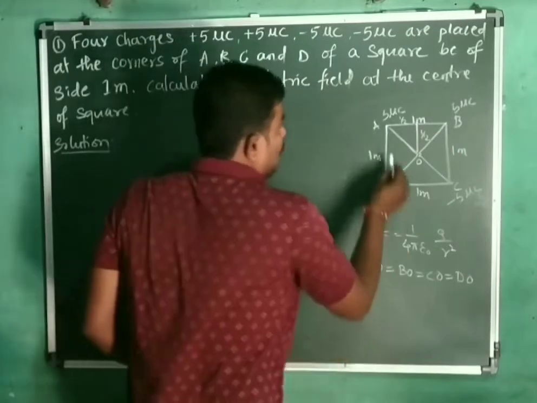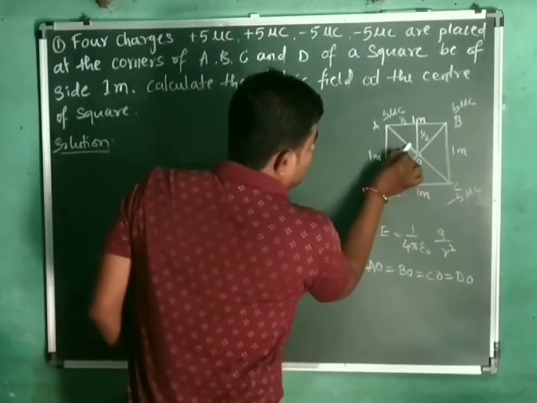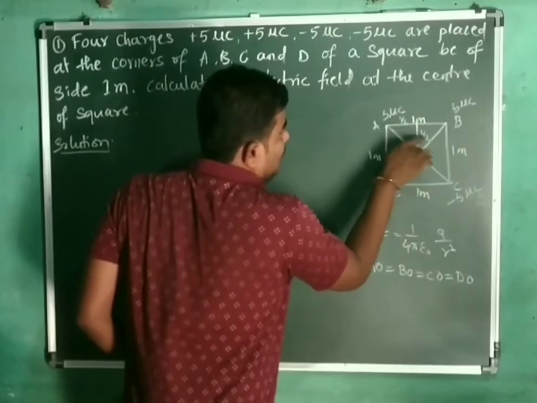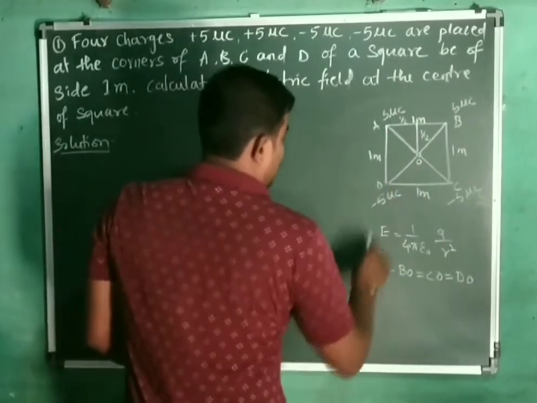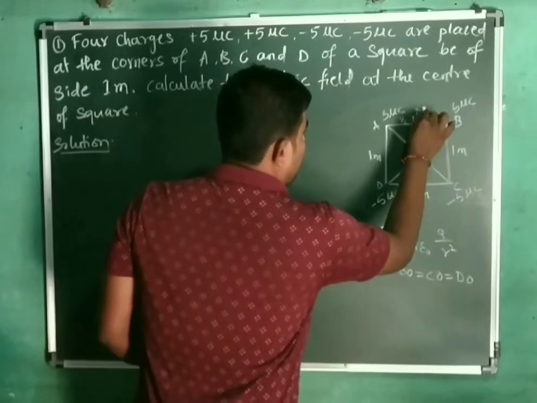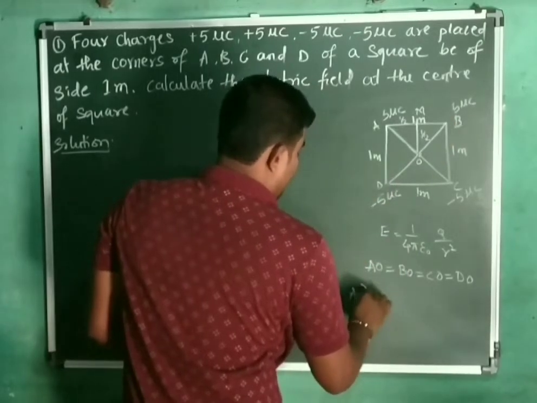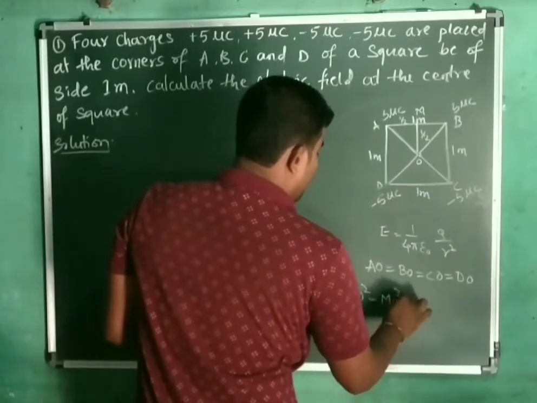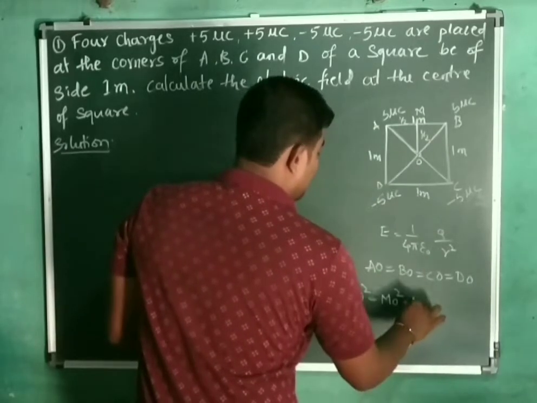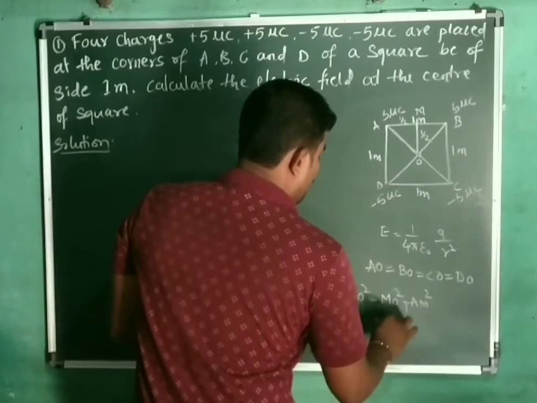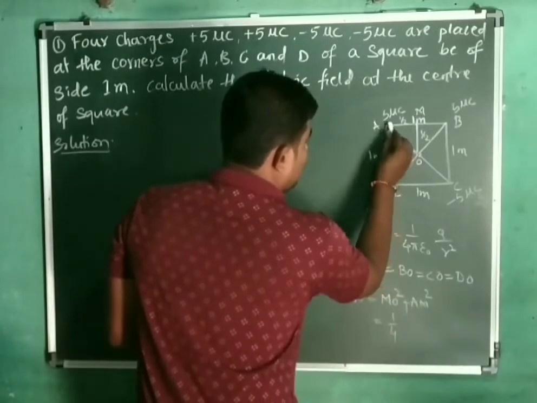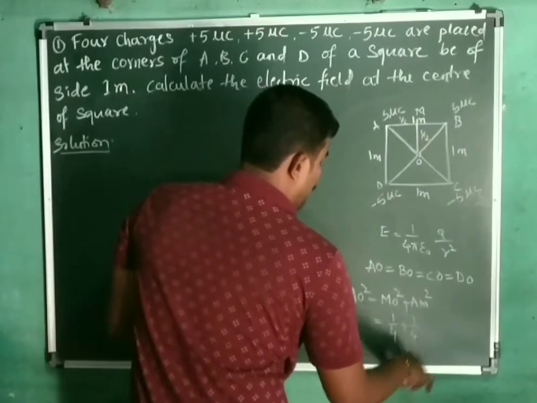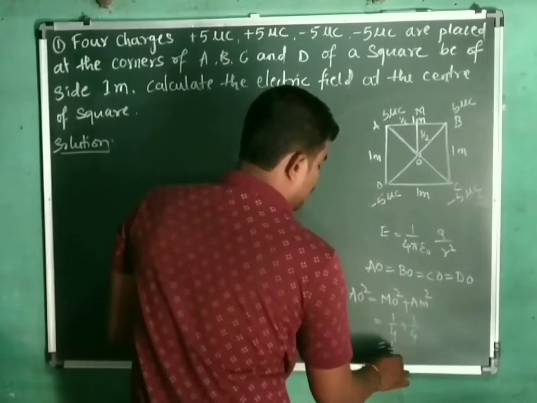According to the Pythagoras principle, the AO distance is going to be the addition of the squares of these two. Let us call this point M. AO square is equal to MO square plus AM square, and MO square is 1 by 4 because this distance is 1 meter, therefore it is half meter, and 1 by 4, so it is 1 by 2.